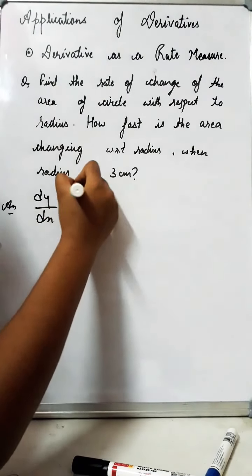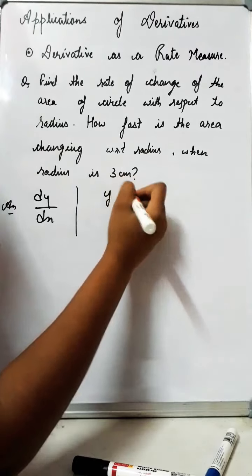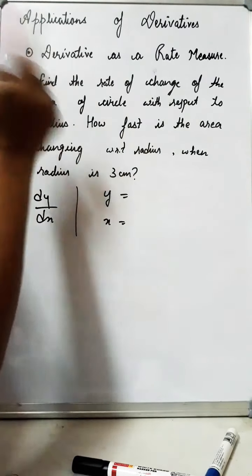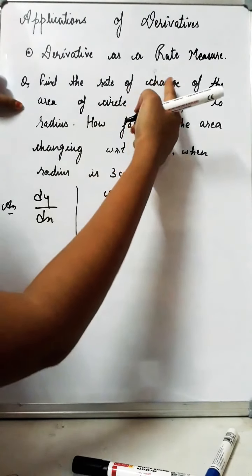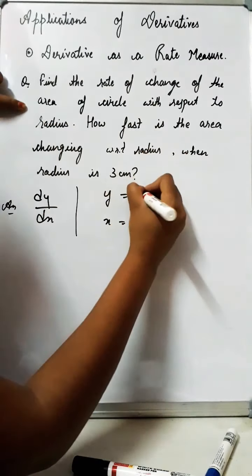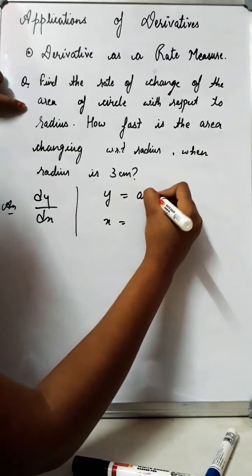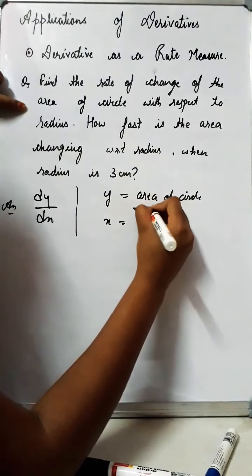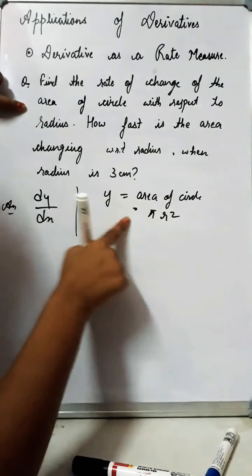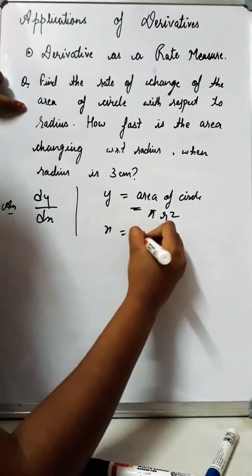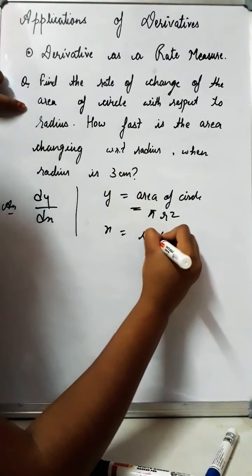But you have to see what function is changing and with respect to what variable it is changing. If you read this, you see the change is occurring in the area of the circle. So your function is the area of the circle, which is pi r squared. And what is the variable? The variable is your radius, this r.